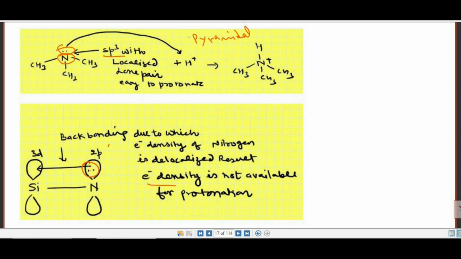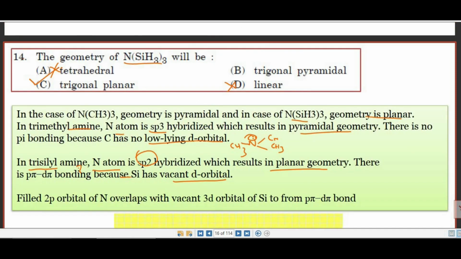This nitrogen donates the lone pair of electrons to the empty 3d orbital of silicon, a pπ-dπ back bonding. Trigonal planar, option C is correct. Tetrahedral shape for ammonia, trigonal pyramidal shape for N(CH3)3, and trigonal planar for N(SiH3)3.